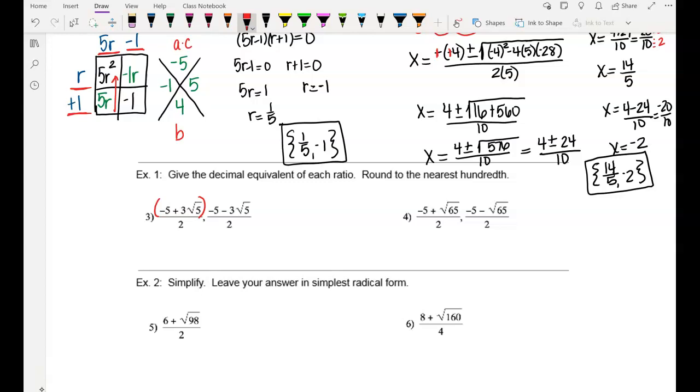Okay, the number you're looking for, the correct value on this one, to round it to the nearest hundredth, would be 0.85.